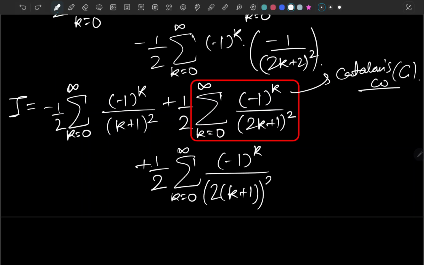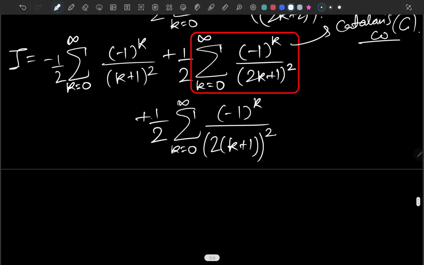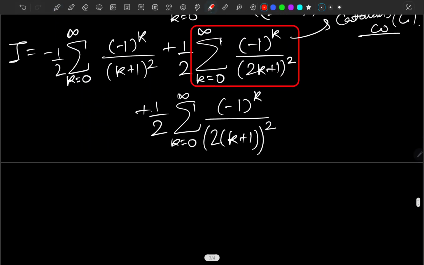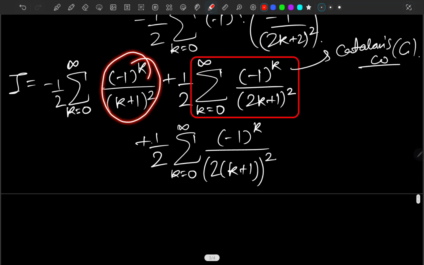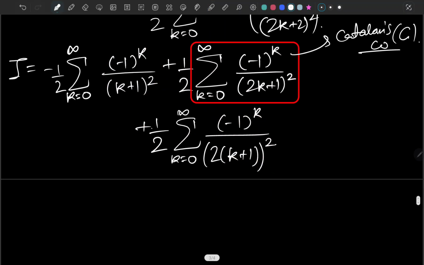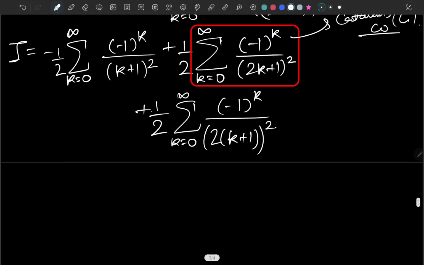Inside that parenthesis I've just taken out 2 common in order to get this one and this one result equal, and I'm going to do them in a single series because they have the same functions in them. I'll show you in a while, don't worry about that.